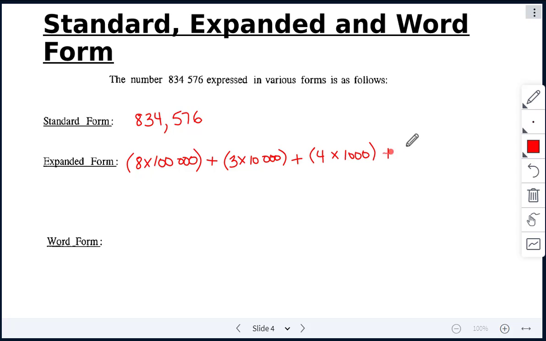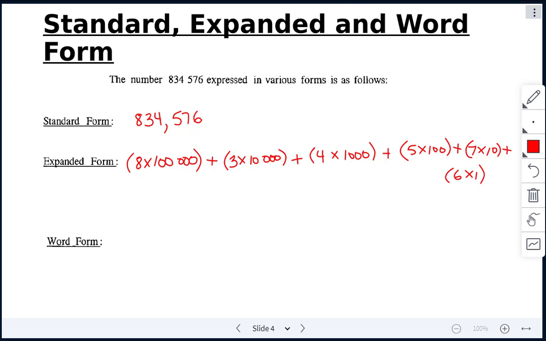Then we have plus, we have 5 in the hundreds place, so 5 times 100, plus we have 7 in the tens place, so 7 times 10, and then plus, I'm just going to jot it down right here, we have 6 in the ones place, so 6 times 1. All right, and that's it for our expanded form.